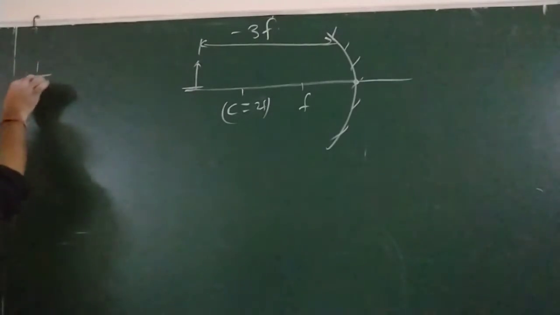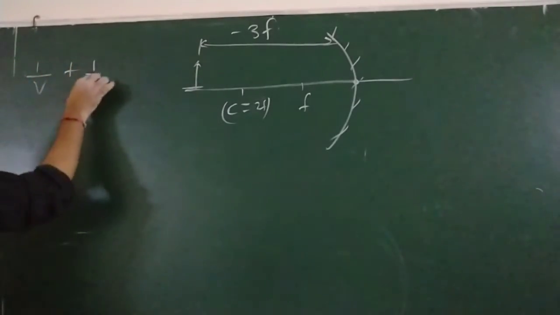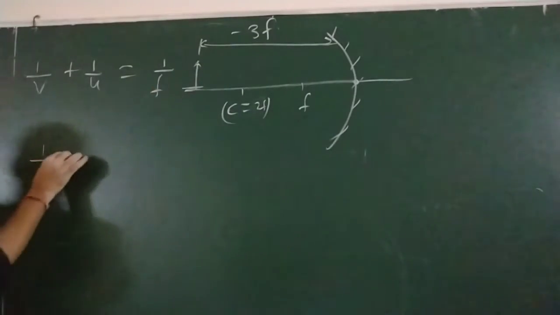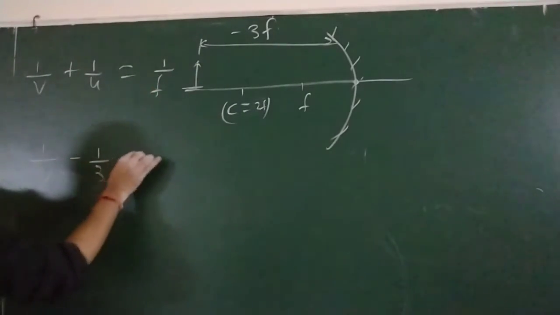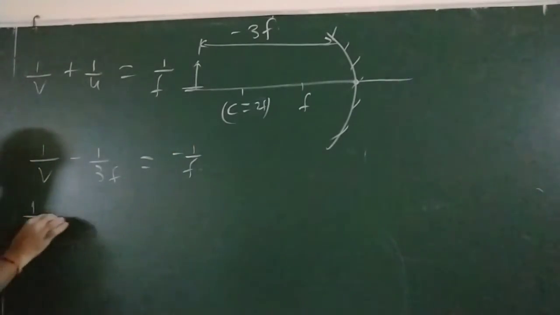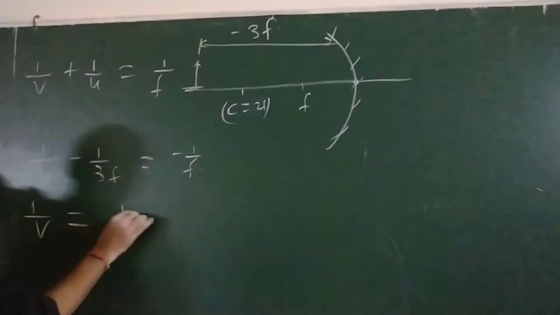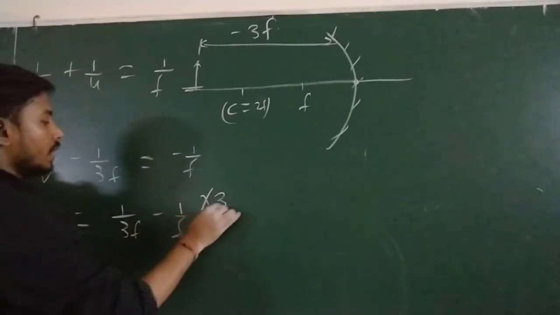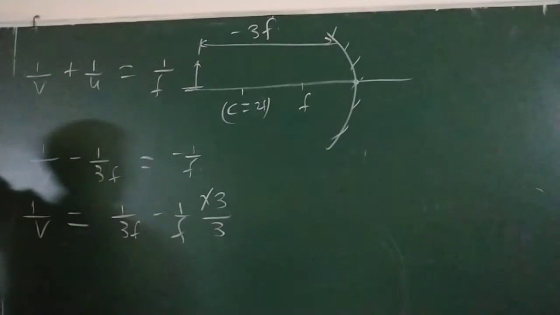So from the mirror formula, 1 by v plus 1 by u is equal to 1 by f. So this becomes 1 by v minus 1 by 3F. It is a concave mirror, so it becomes minus 1 by f. So 1 by v is equal to, on this side, 1 by 3F minus 1 by F. I will multiply with 3, divide with 3.